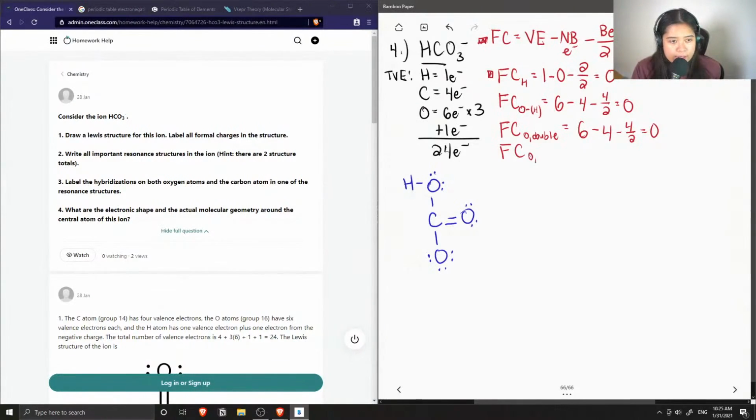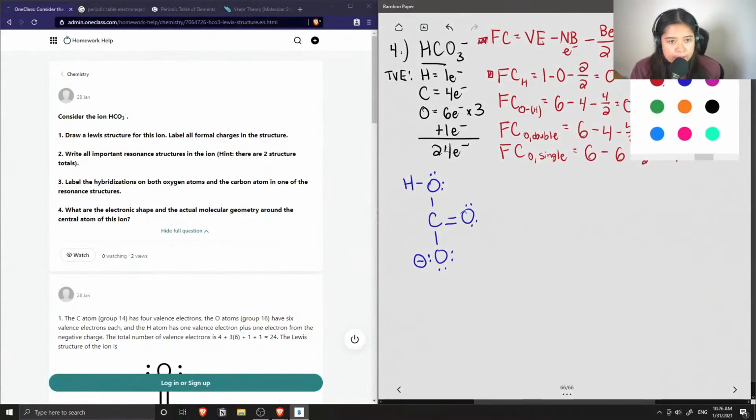And for the single bonded oxygen, there are 6 valence electrons and 6 non-bonding electrons, and only the single bond. So its formal charge is -1. So I can show that on my structure like so. And let's also just calculate the formal charge of the carbon, just so that everything is complete.